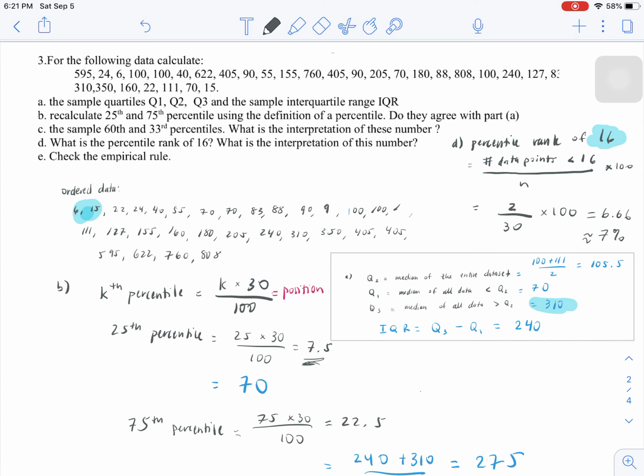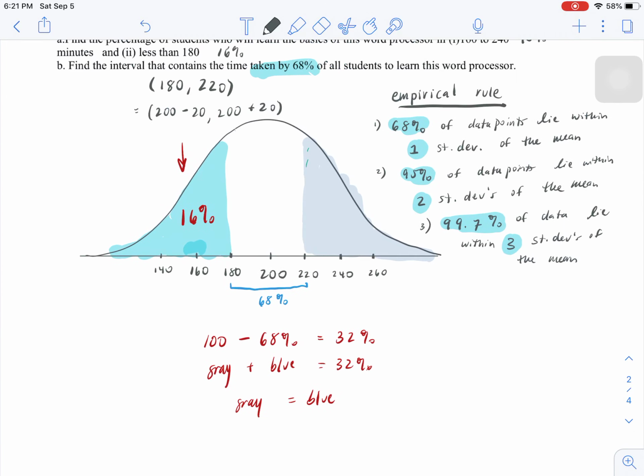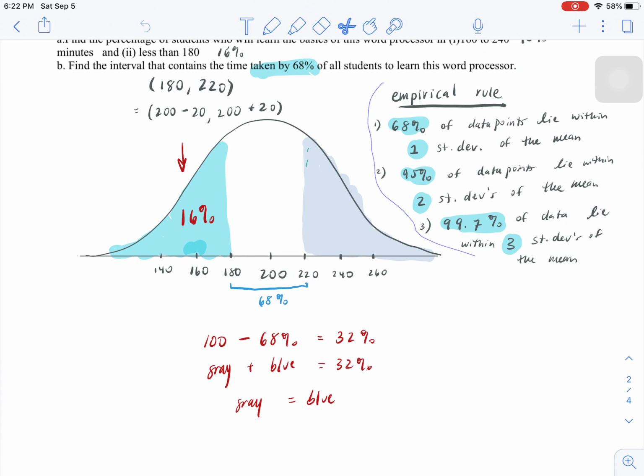Lastly, we're going to check the empirical rule. I'm going to copy from up here and bring this down. What does the empirical rule say?